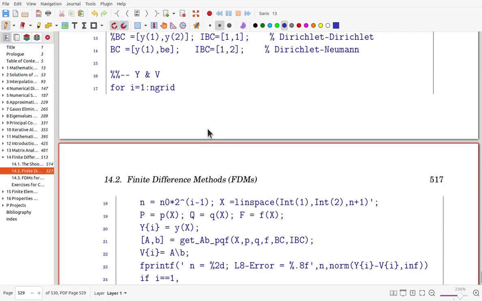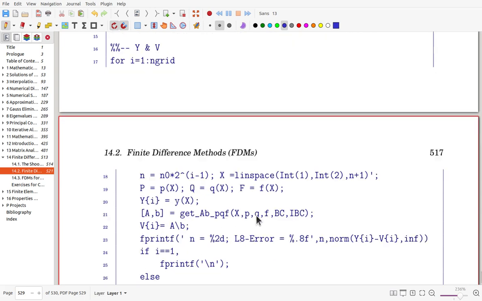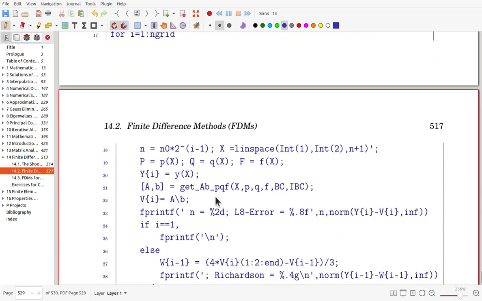Now, from 1 to n grid, i is moving that way. Here n is chosen. Each time the refinement starts with 5, and x is chosen correspondingly, and PQF is made, and then after solving, of course this y is the true values.